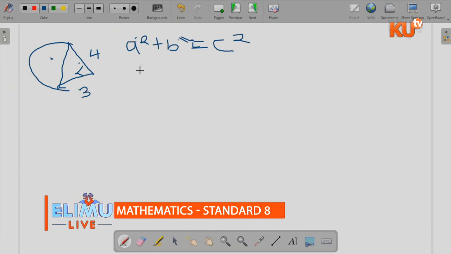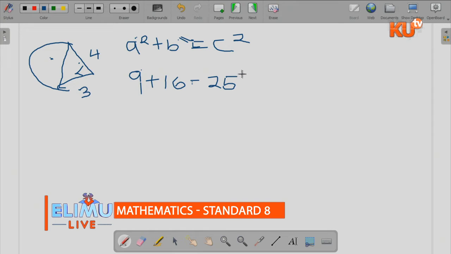A and B must be the two sides which make the right angle. That is 3 and 4. So we will say 3 square is equal to 9 plus 4 square is equal to 16. That gives us a total of 25.